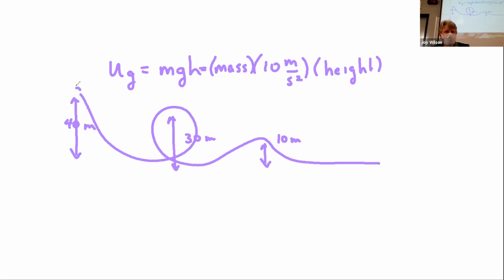And I'll call this A, B, C, and D. All right. So what is the gravitational potential energy at A?